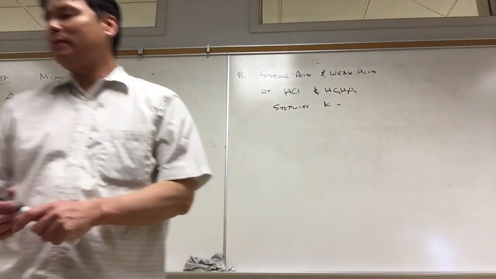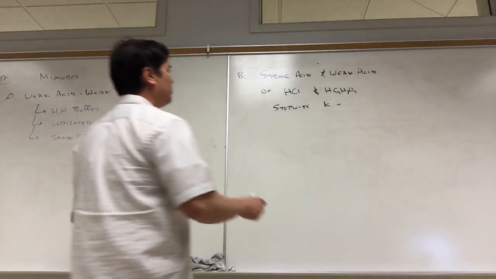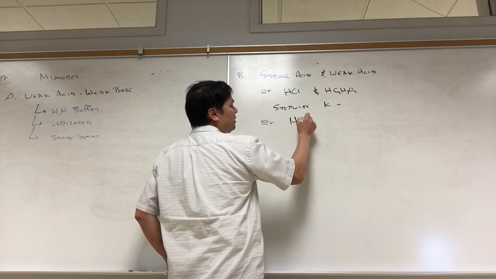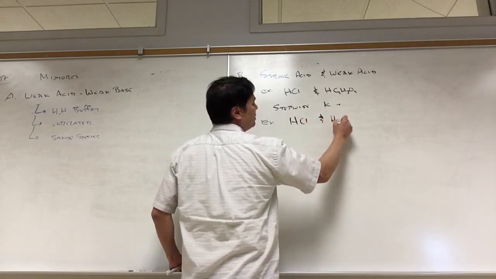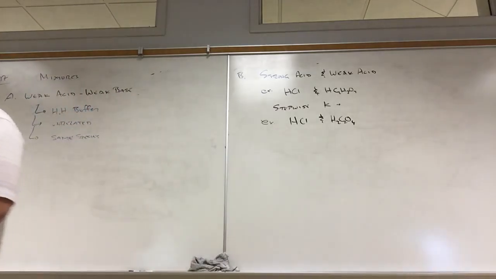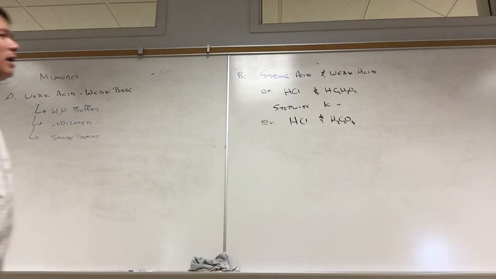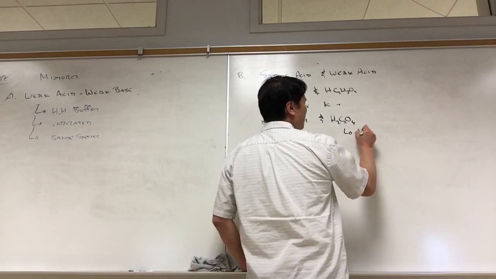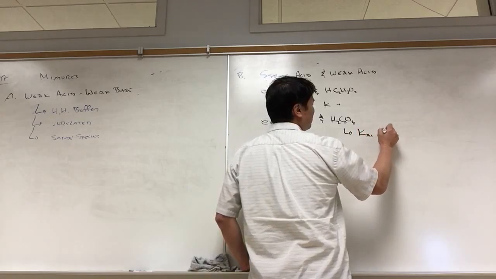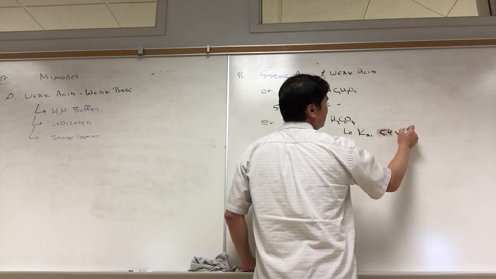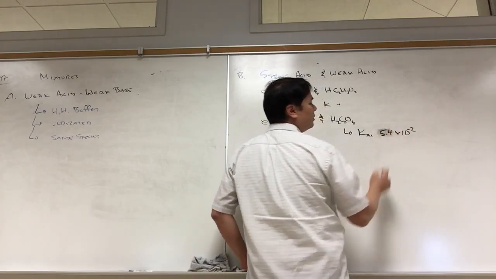But you can't always ignore the weak acid, especially if the weak acid is a fairly strong weak acid. And so if we did HCl and oxalic acid, oxalic acid is borderline strong, right? It's still weak, but when you look at the K value for this, what is the K value? Oxalic acid has a K1 of, I think, 5.4 times 10 to the minus 2. Is that right?